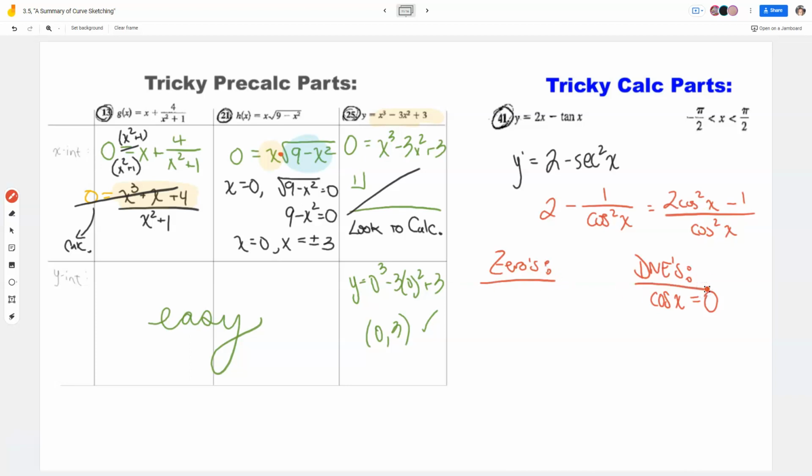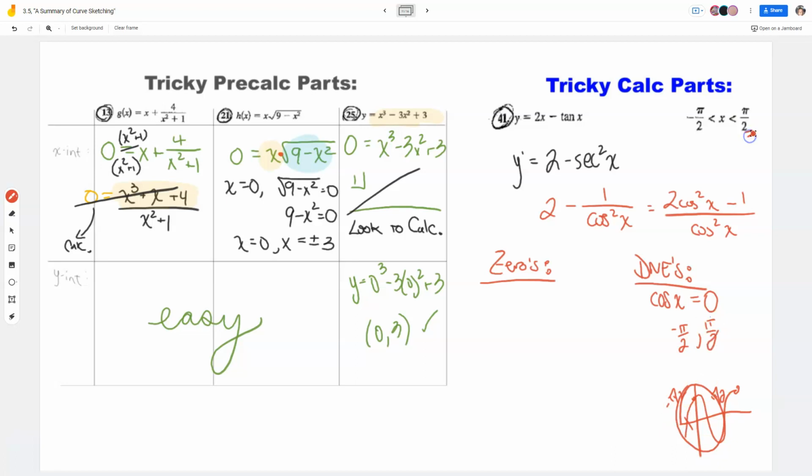DNEs, I need to think about him as him to get the DNEs. Cosine is 0 at pi over 2. Oh, it's already excluding that. And it'd be 0 again at negative pi over 2. Oh, it's already excluding that. So I can already think of my zeros of my, I mean there's more, but they're just having me spotlight this part.